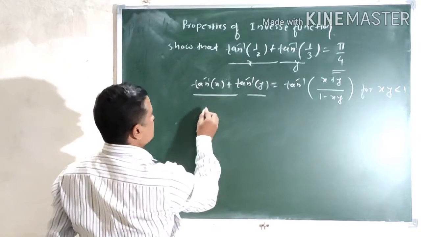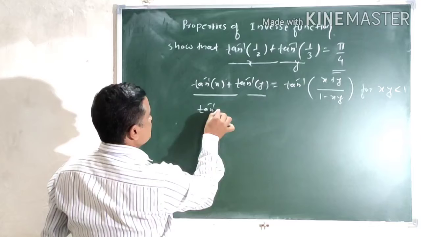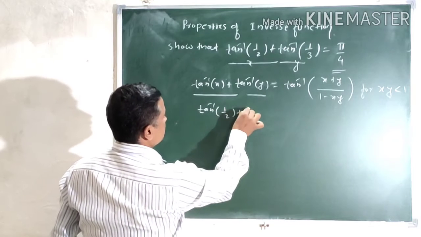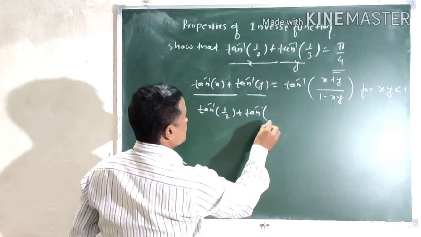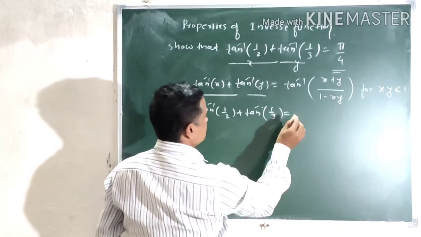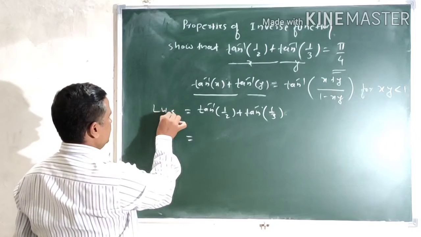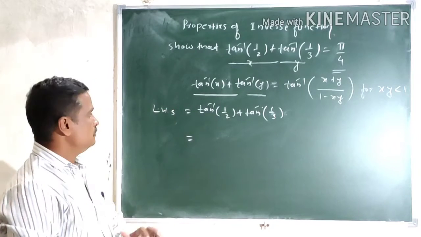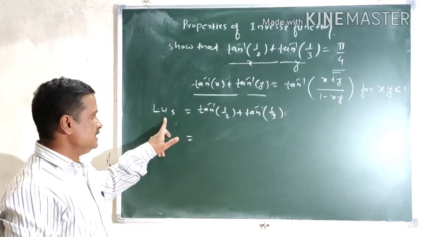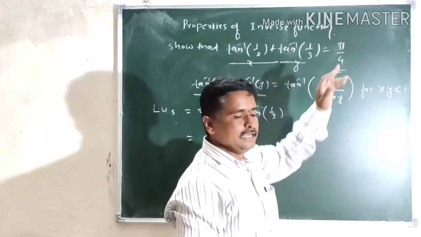On the LHS, we have tan inverse of 1/2 plus tan inverse of 1/3, and we have to prove that the value of LHS is equal to pi by 4.